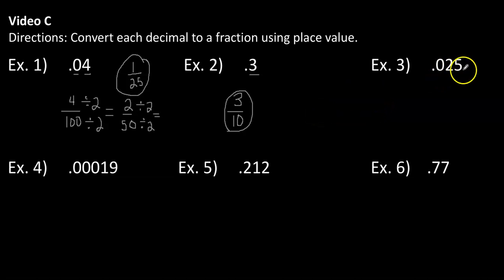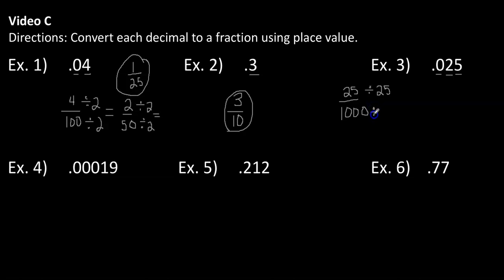Alright, decimal 0.025, tenths, hundredths, thousandths. So we put 25 over 1,000. And I'm going to just divide each of these by, well, you could divide it by 5, but then you're going to end up dividing it by 5 again.